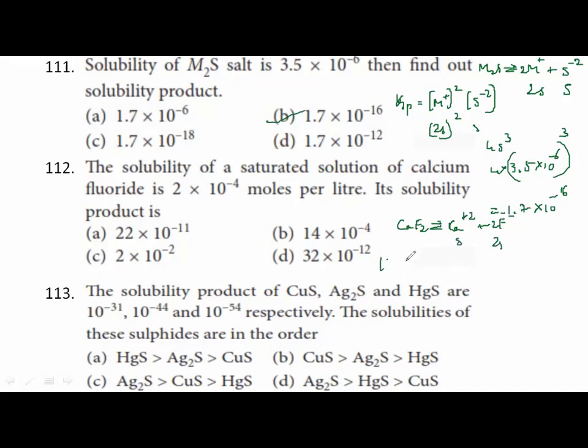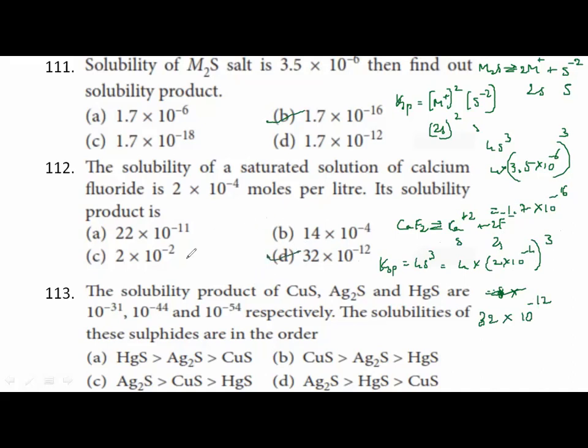Therefore, Ksp will be what? 4S cube, and 4 into, what is S? 2 into 10 raised to minus 4, the whole cube. So 2 2s are 4, 4 2s are 8, 8 4s are 32. So it is 32 into 10 raised to minus 12. Correct? 32 into 10 raised to minus 12.